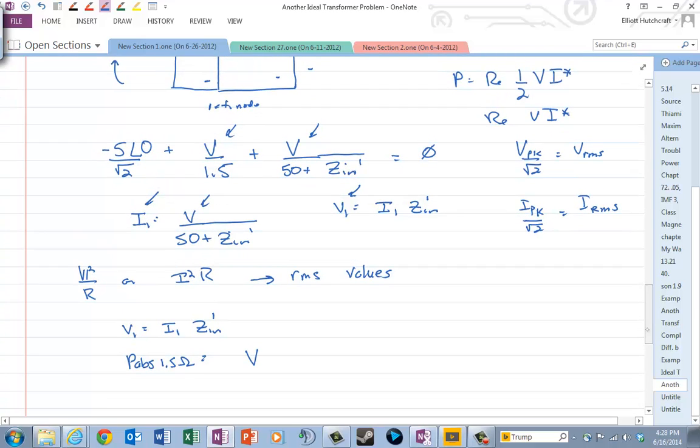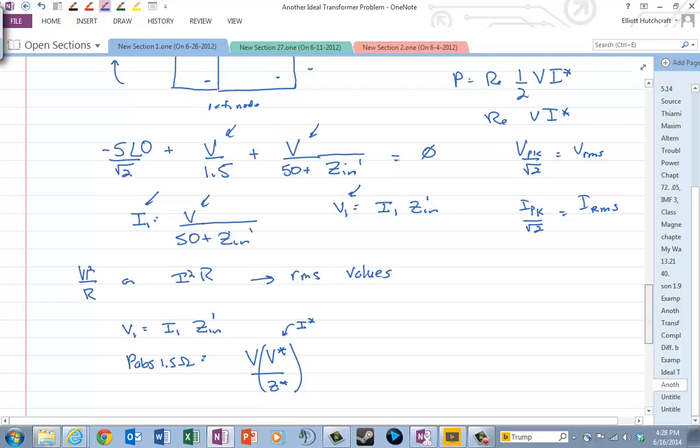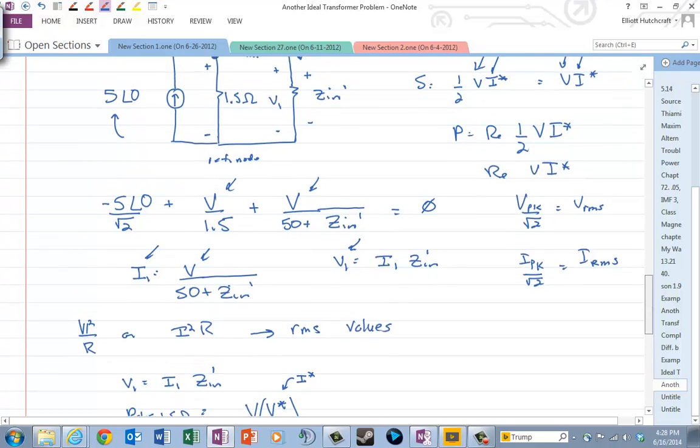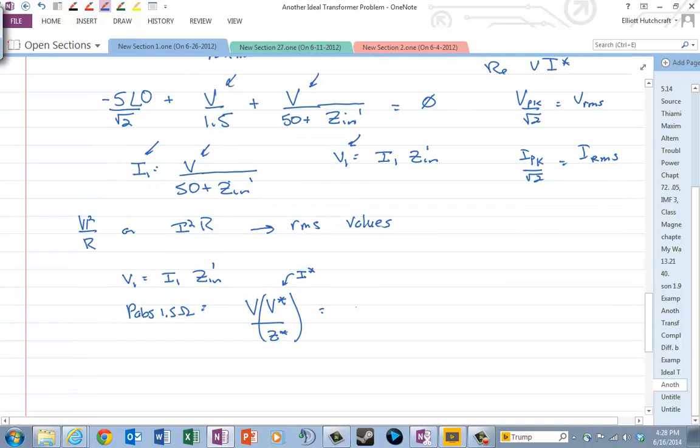When I'm using that formula, I should use V conjugate over Z conjugate, or I conjugate, but everything is real here. I don't have any complex numbers going on, because my impedances are all resistances, and my voltages and currents are all in phase everywhere. So this really just becomes V times V again over R. So this is just V squared over R.